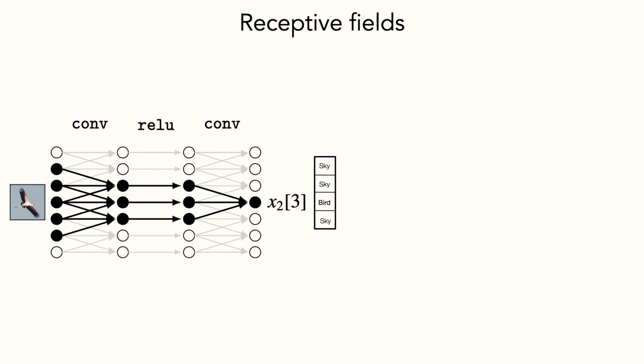Here, the receptive field of that X2 output is the input patch there, because receptive field essentially says what parts of the initial input have any influence on this part of the output.